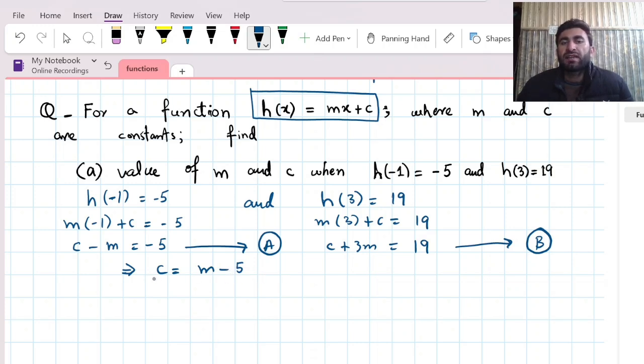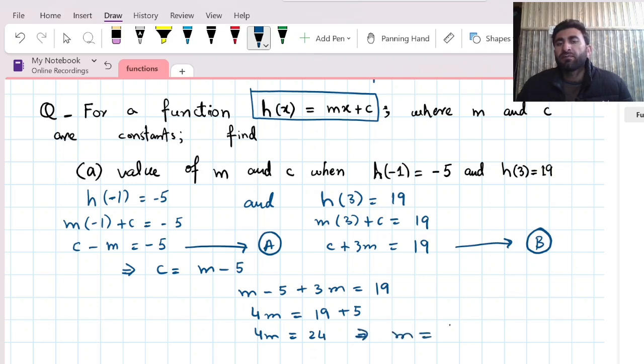Now put this value in equation b. It will become m minus 5 plus 3m is equal to 19. So 4m will be 19 plus 5, or 4m equals 24, which means m will be 6.